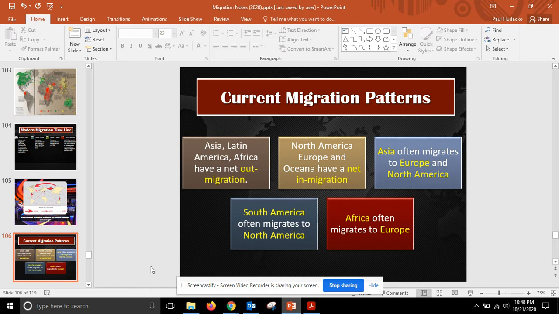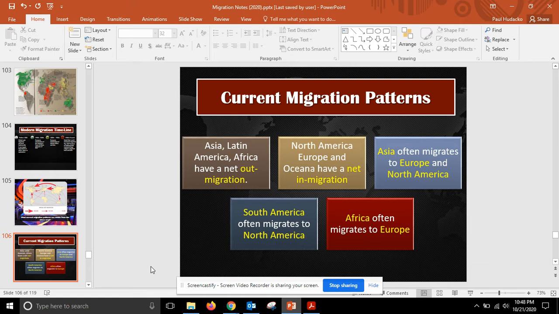Then North America, Europe, and Oceania are going to have net in migration: more likely to move into an area that's more developed, with more opportunities. Asians are going to migrate to places like Europe and North America. South Americans tend to migrate to North America; proximity plays a role there. And Africans will tend to migrate to Europe.